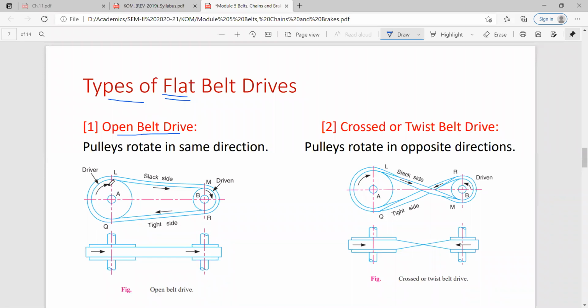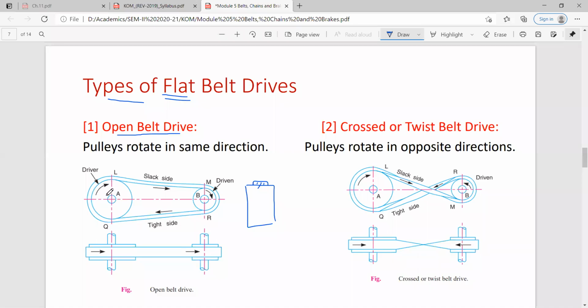Power is available at shaft A, which is known as the driving shaft, over which this pulley is mounted. The pulley will look like this, as you are already aware. Over its surface there is a belt running like this.